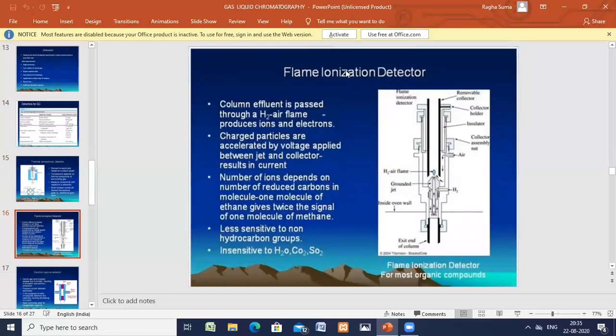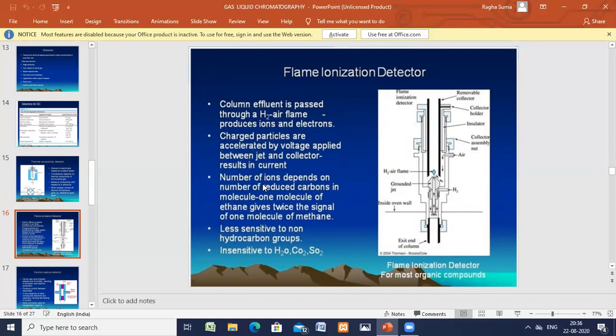Flame ionization detector I have explained. Column effluent is passed through an H2 gas flame, which produces ions and electrons. The charged species are accelerated by the voltage applied between the jet and the collector, and this results in a current. The number of ions depends upon the number of reduced carbons in the molecule.